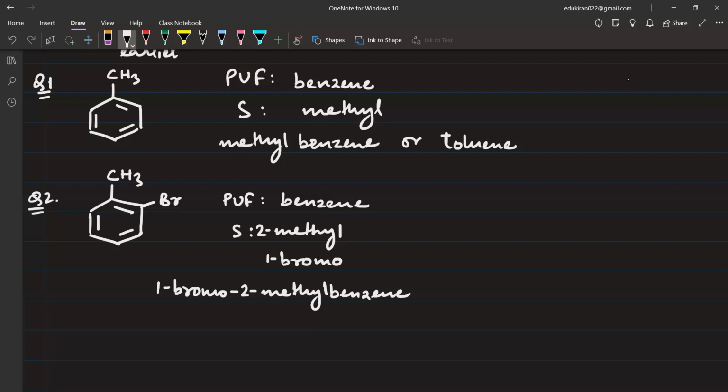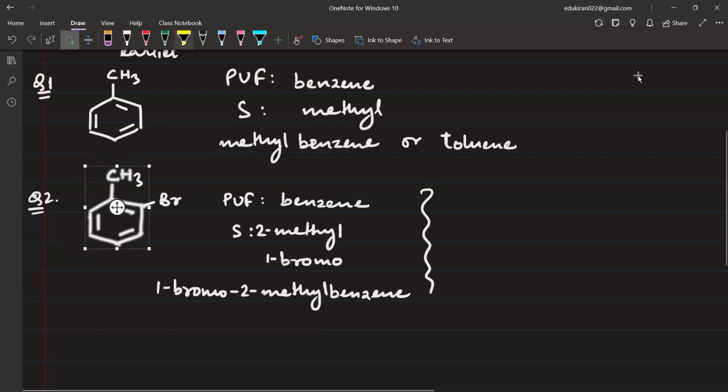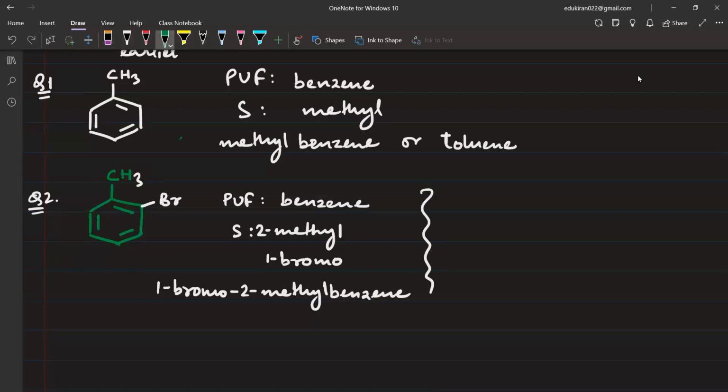benzene. Now, what we have done here is taken benzene as the base, and then we looked for substituents. The other way of doing this is using toluene as a base. That means this fragment is toluene.